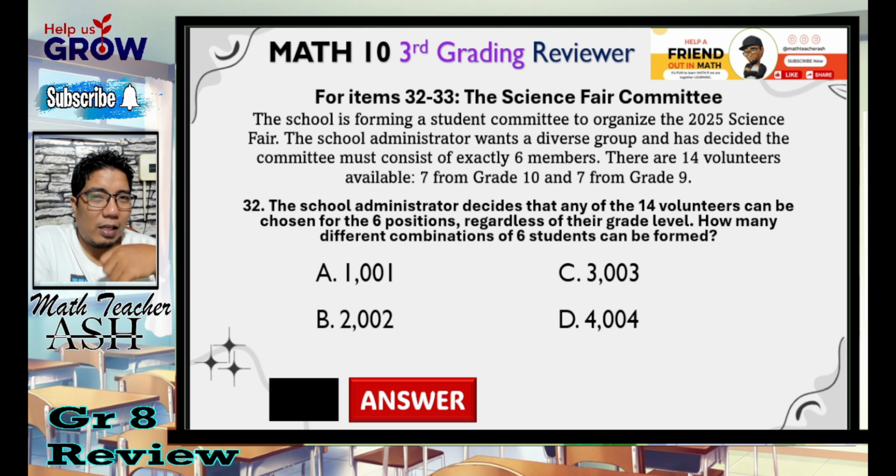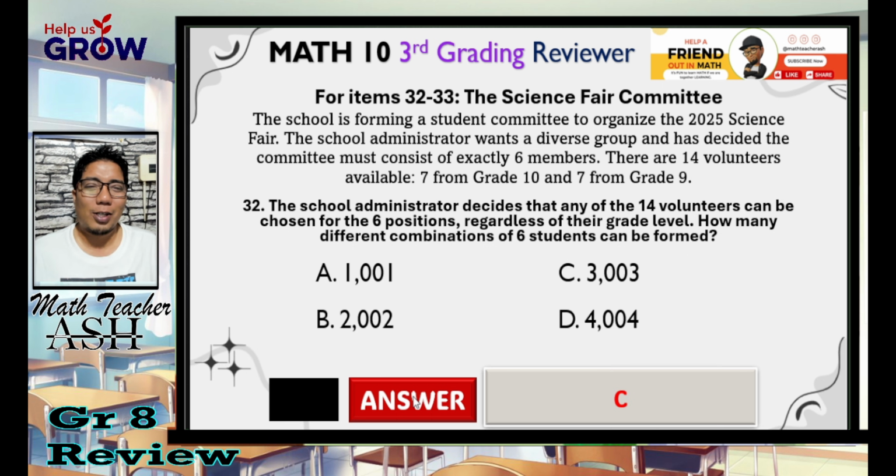In formula, that would be 14 factorial over 14 minus 6 factorial times 6 factorial. 14 minus 6 is 8 factorial, so the 8 factorial in the denominator and in the numerator can be cancelled. You will only have 14 times 13 times 12 times 11 times 10 times 9 over 6 factorial, that is 6 times 5 times 4 times 3 times 2 times 1. If you simplify that, it would be 3003. Letter C would be the correct answer. Let's check whether we are correct.